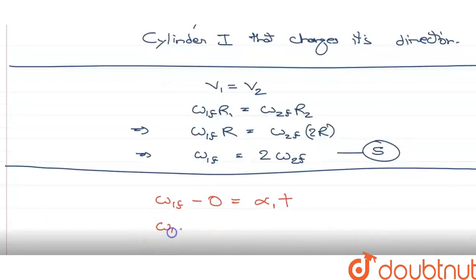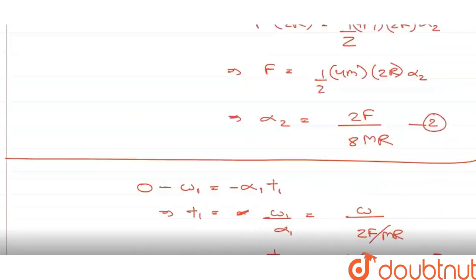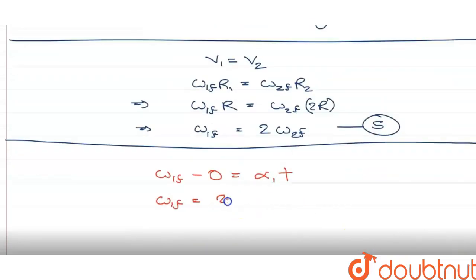So omega 1f is equal to alpha 1, which we had calculated earlier from equation number 1, 2f by mr times t. Equation number 6.